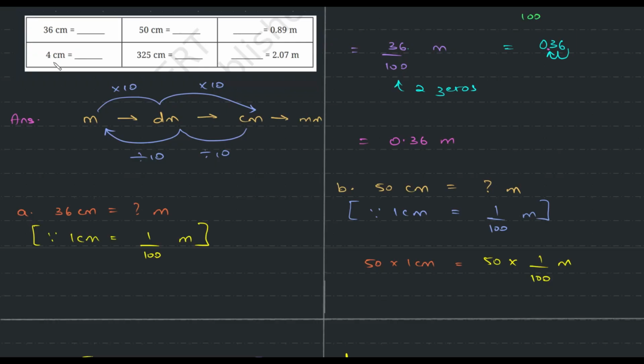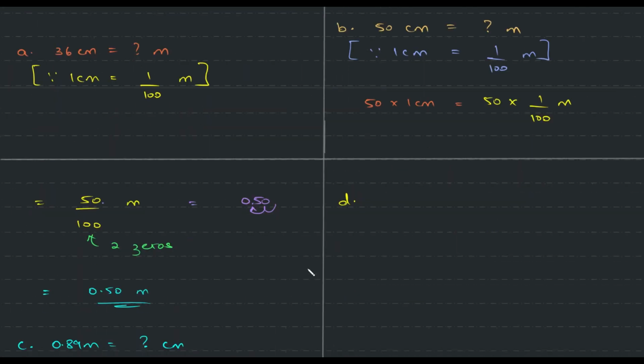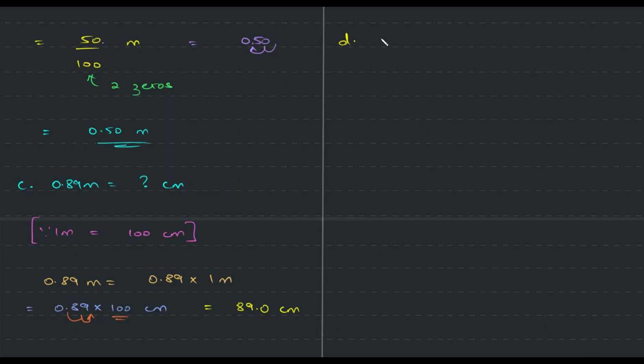Next is 4 centimeters is how many meters? Let's have a look at this. So we know that 1 centimeter is 1 by 100th of a meter.